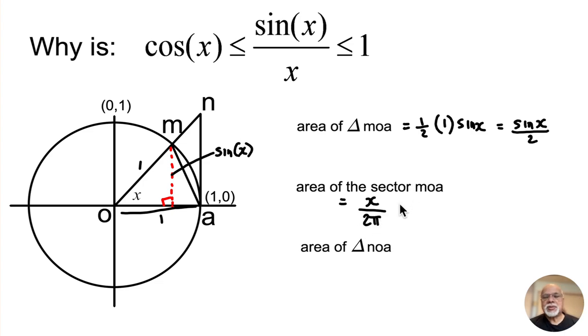Now we would multiply that by pi r squared. So pi, the radius we said is 1, squared. And so the pi's would cancel, and we end up with x over 2.